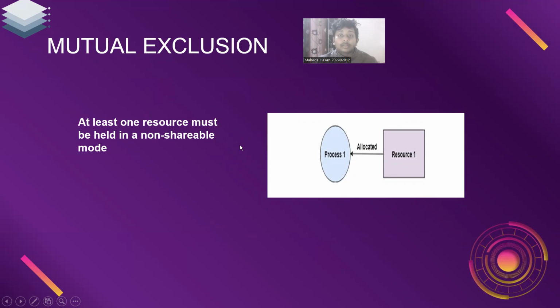In other words, if a process P1 is using some resource at a particular instance of time, at the same time some other process P2 cannot hold the same resource. This is called mutual exclusion.